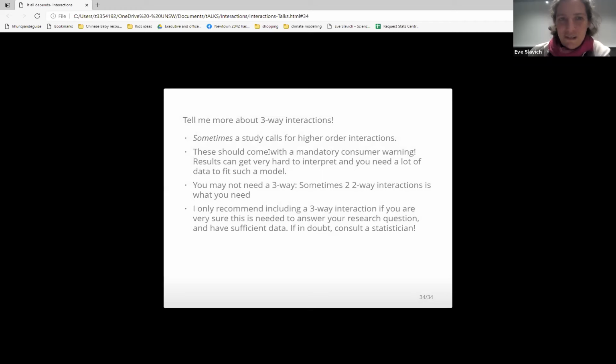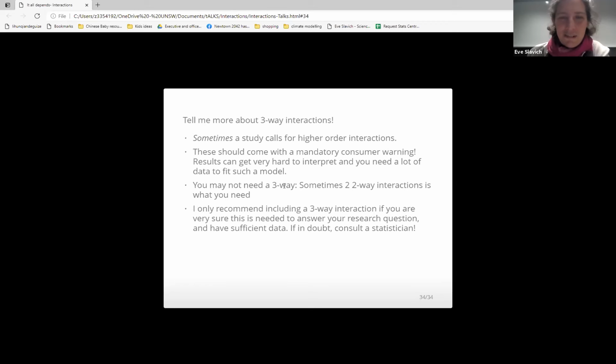And if you want to talk about higher order interactions, like three-way interactions, yeah, that's sort of beyond the scope of this talk, but sometimes a study does call for higher order interactions, but results can get very hard to interpret, and they come with a mandatory consumer warning that you do need a lot of data to fit such a model. You don't always need a three-way. Sometimes two-way interactions is what you need.